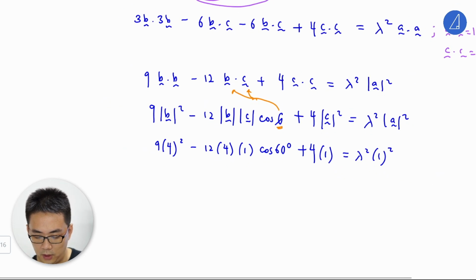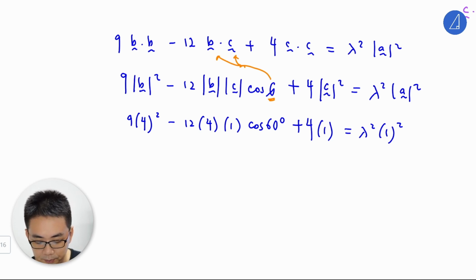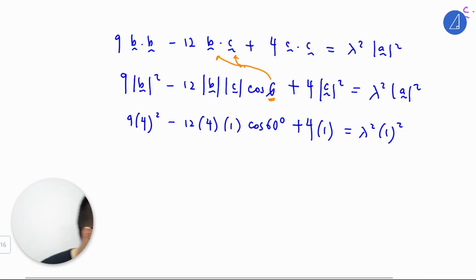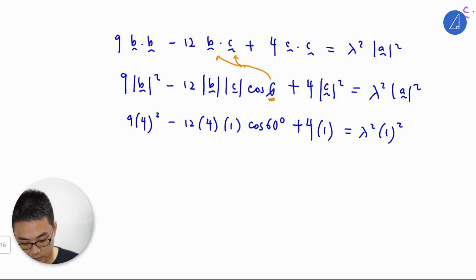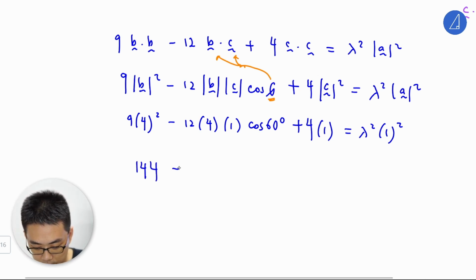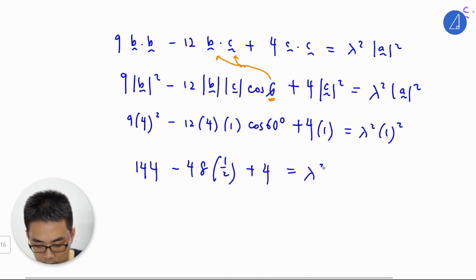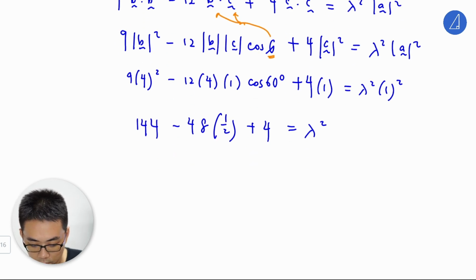There you go. Got it. Cosine 60 is half. That will be 144 minus 48 divided by 2 plus 4, which will be 124.